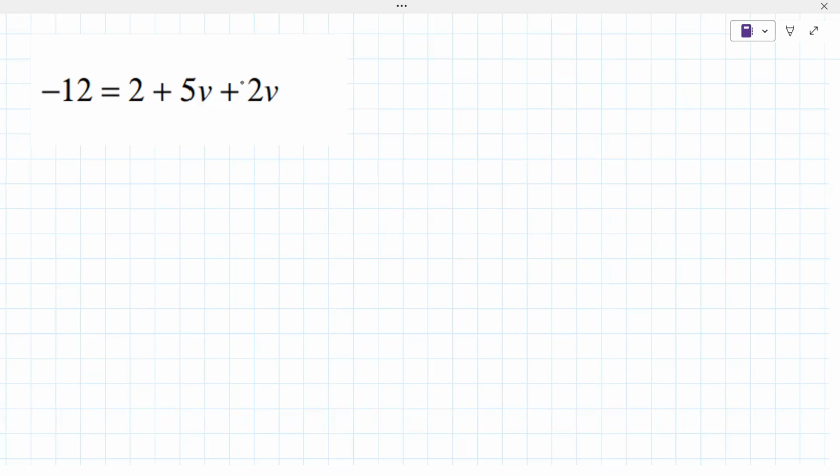Not quite. You've got a small error there. v equals 7? Still not quite correct. Did you combine these first? Yeah, so you get 7 minus... oh, it's -7. I didn't see the negative in front, it's -7.